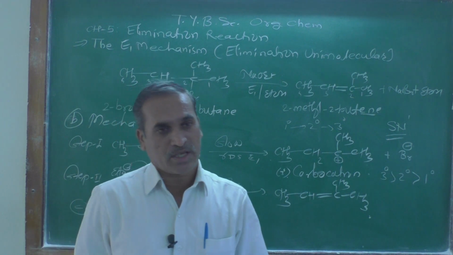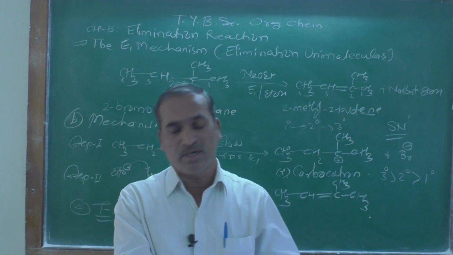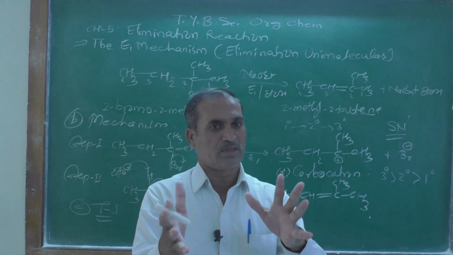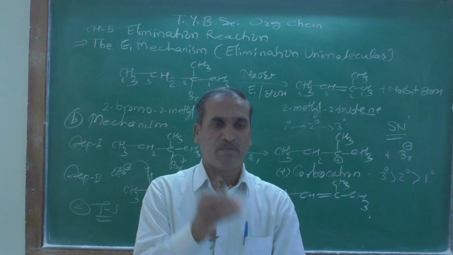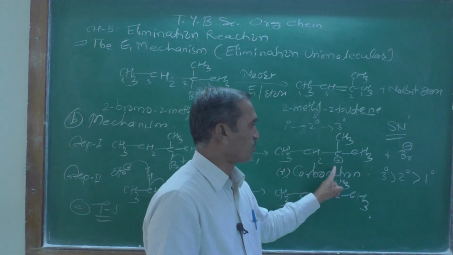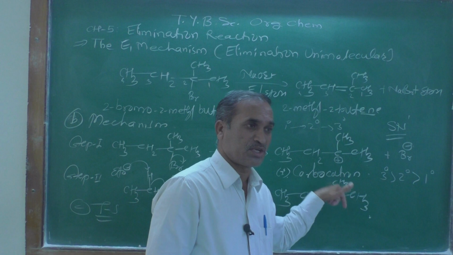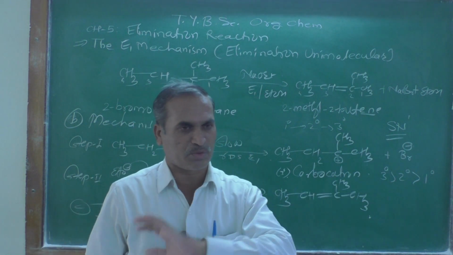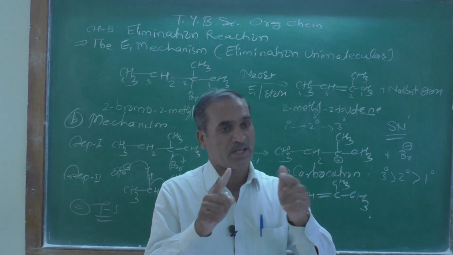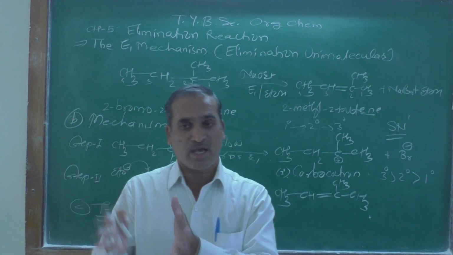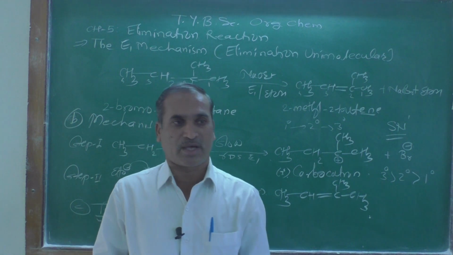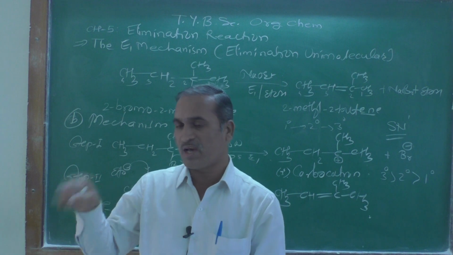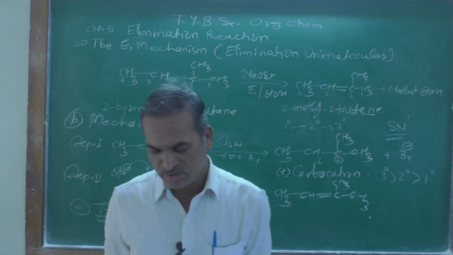So this is the second thing happening in the E1 mechanism. When the carbocation is formed, there is a possibility that the nucleophile can attack in the second step, and the resulting compound is formed as a substitution product. The second possibility is rearrangement, because as we know, a tertiary carbocation is more stable than a secondary, than a primary, and therefore rearrangement gives us a more stable one.